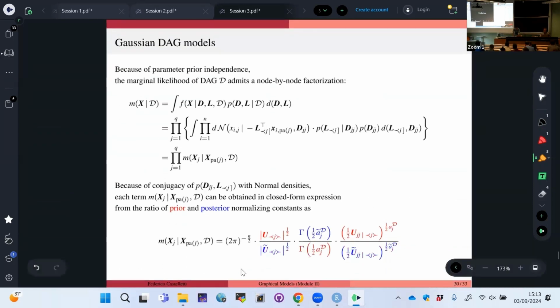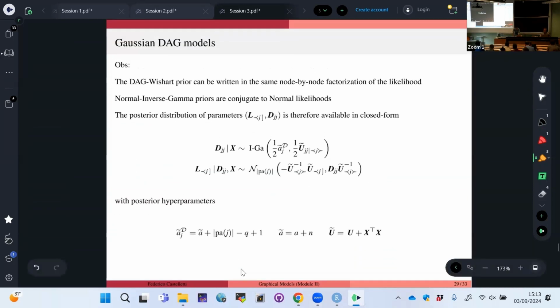Okay, so a couple of nice implications that we mentioned before. This prior is conjugate, okay? The intuition is that the DAG-Wishart can be written as a node-by-node factorization, as the likelihood function. And in each component of the factorization, we have a normal likelihood and normal inverse gamma priors, which are conjugate.